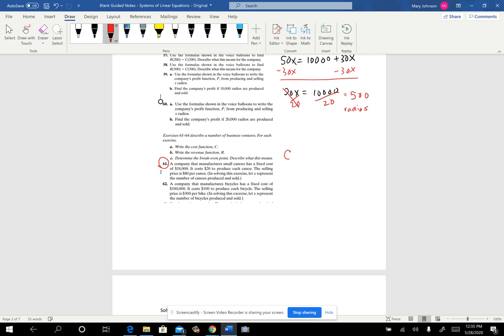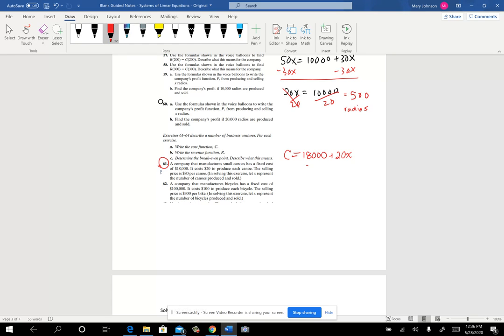So the cost is going to equal 18,000, that's fixed, but then plus $20 for each canoe. If we let X represent the number of canoes produced and sold, that would be the equation that represents the cost of building the canoes. Then it says the selling price is $80 per canoe.